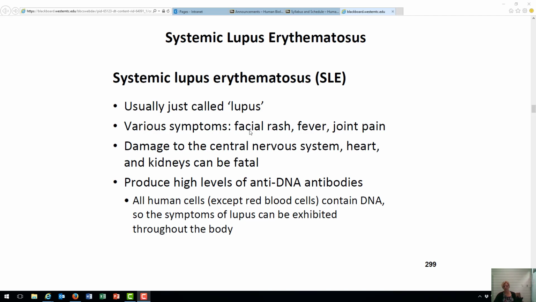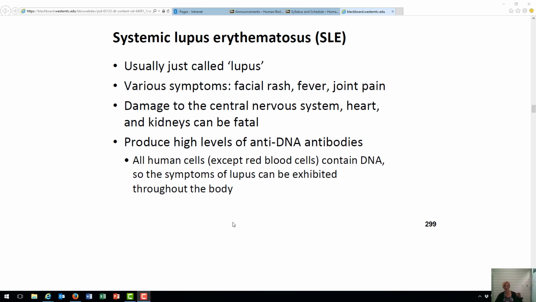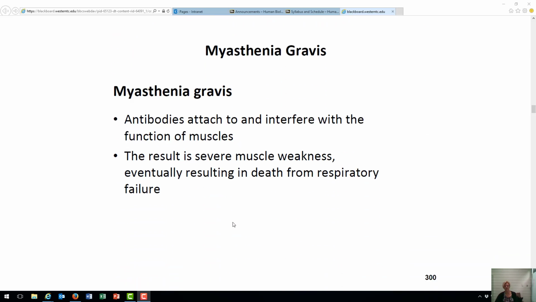So we see a facial rash, they get a butterfly rash on the face, fever, joint pain, just system-wide issues with people with lupus. And it can be treated pretty effectively, but again, it's going to require suppressing the immune system in those cells that are attacking those self cells of the central nervous system, heart, kidneys, needs to be treated.